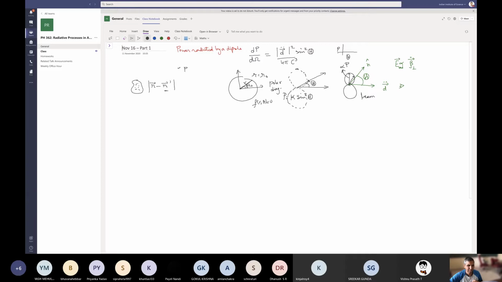You assume that this is small, and you write it as R times 1 minus R prime by R, and you just do the dipole, so you get multipole expansion. In the same way, we can do it in radiation.